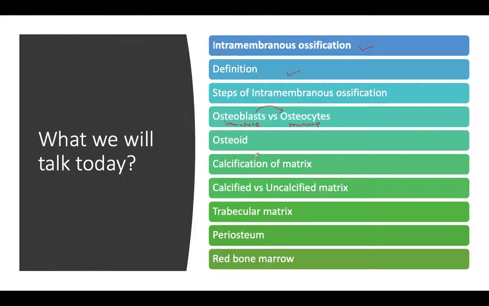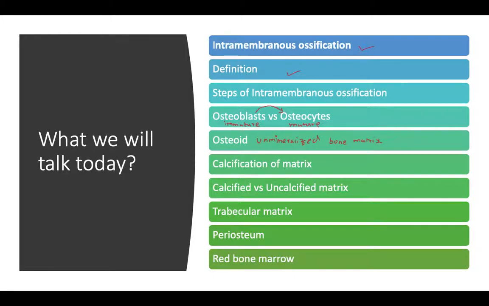Osteoid is an unmineralized bone matrix. Okay, this is an unmineralized bone matrix, right? Bone matrix.